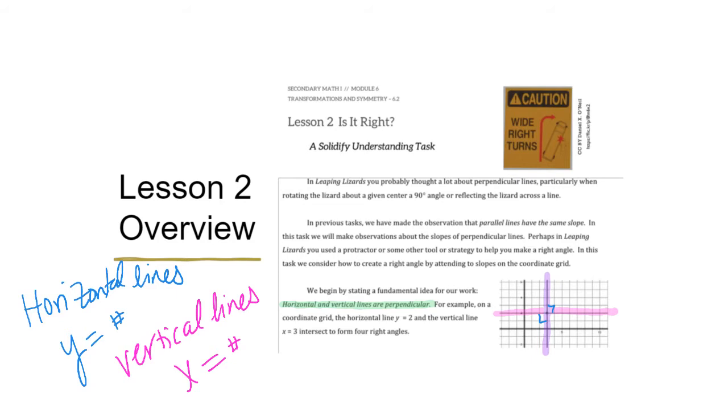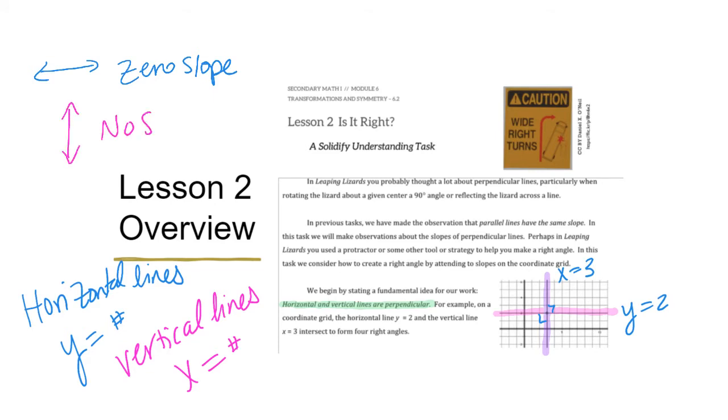Like this one is y equals 2, and this is x equals 3. Horizontal lines also have 0 slope, and vertical lines have no slope or undefined slope.